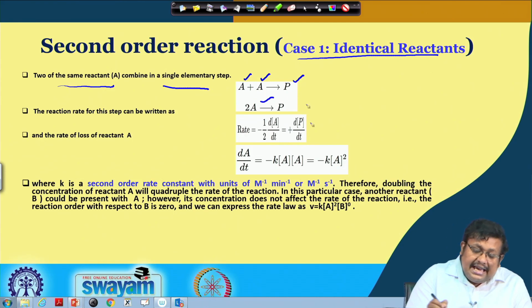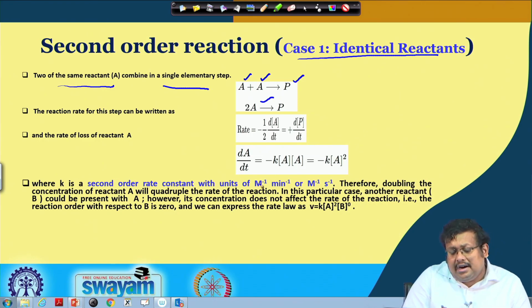And then the rate of loss of reactant A, from this we can calculate dA by dt equal to minus K into the product of concentration of A and concentration of A. So, basically minus K into concentration of A square.